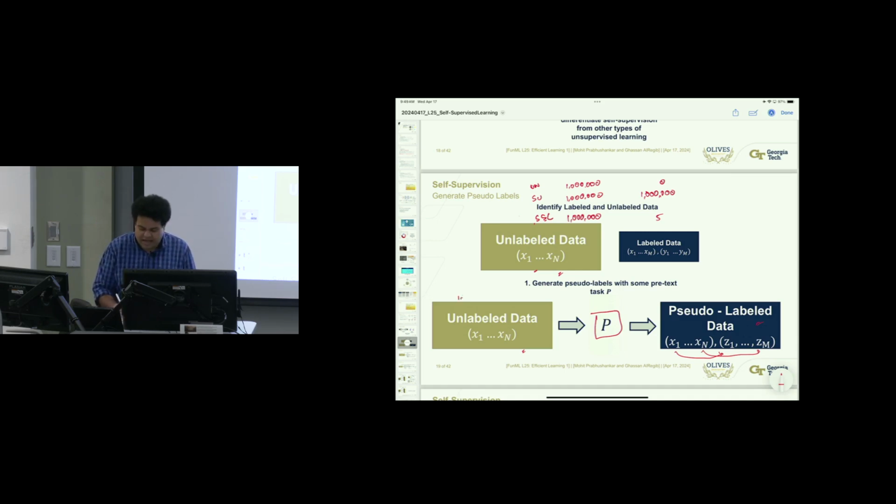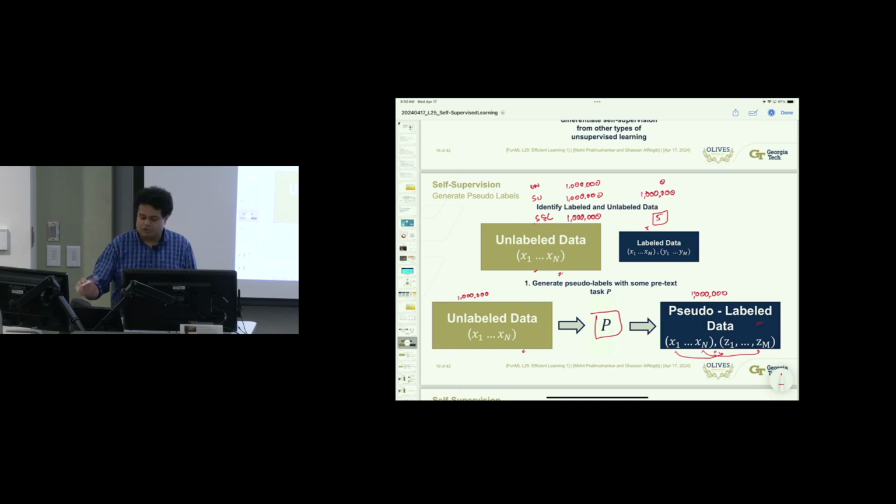In other words, I have 1 million of these on the left-hand side, and I will have 1 million of these on the right-hand side, which is pseudo labeled data. At the beginning, when you have these 5 labeled data, currently we are not taking them into consideration. In other words, when we construct these pseudo labels, we really don't care about the 5 labeled data that already exists.